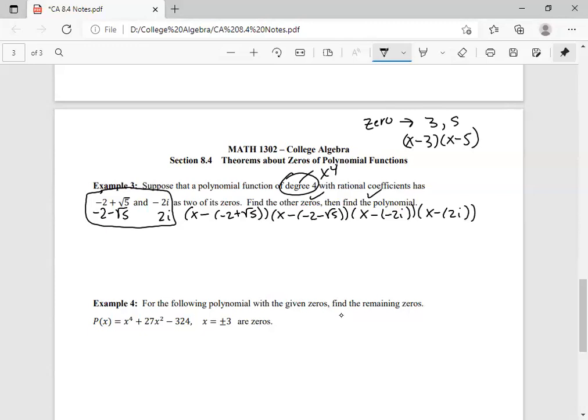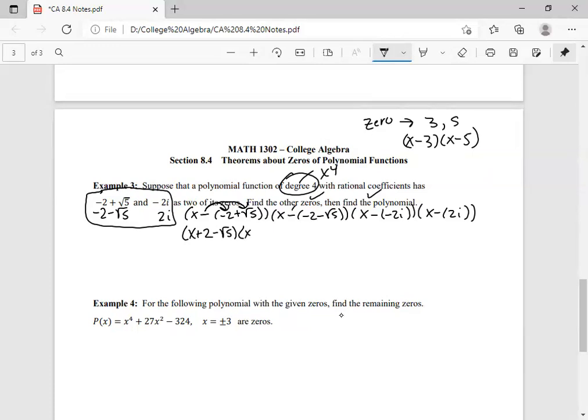So here we go. We have X. This negative has to go with both of these things. So when I distribute that, a negative -2 is going to turn into +2, and a negative times a positive square root of 5 would be negative square root of 5. Is everybody okay with that part? Okay. I'm going to do the same thing with this term.